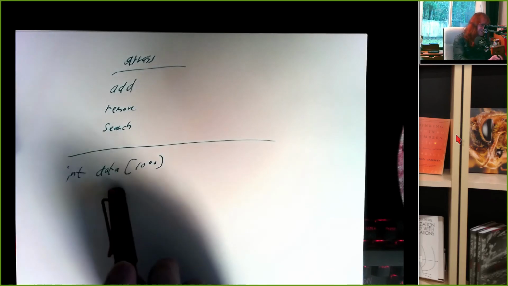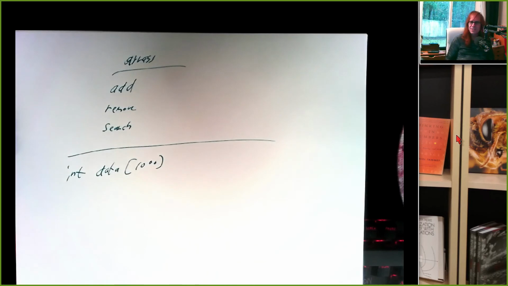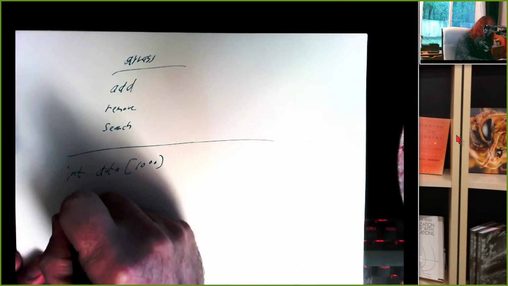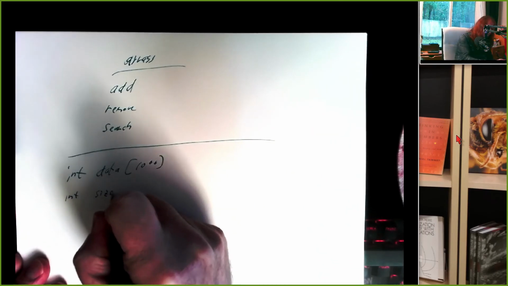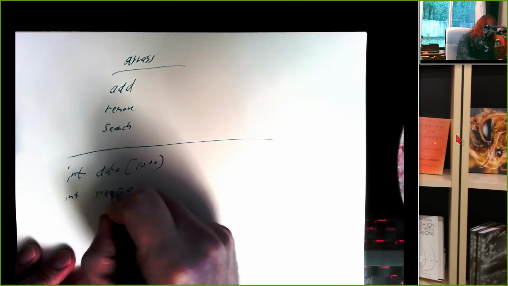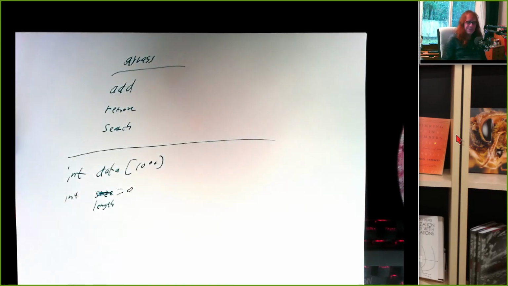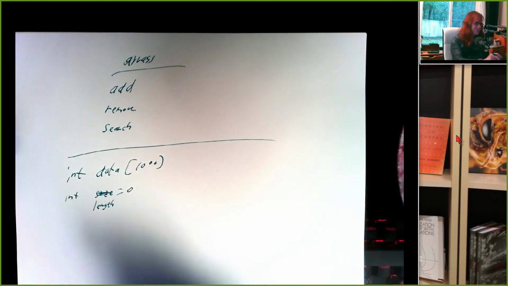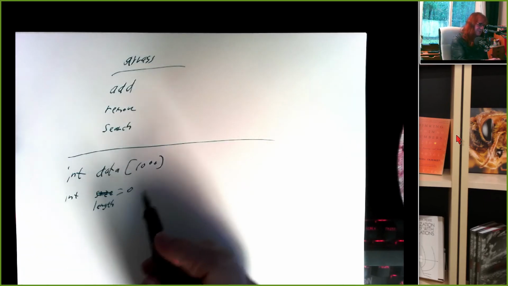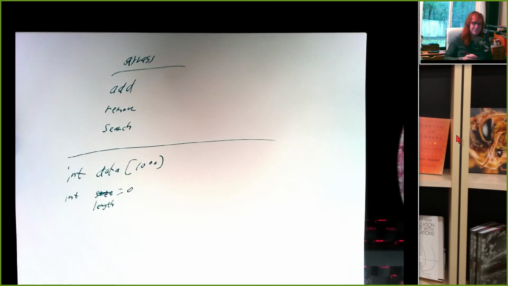I can declare this to be an array of 1,000 things, but I have no way of knowing how many things I've stored in this array. So I always need to keep track of that separately. Let me call this length. I could have a variable length that I initialize to 0, and when I store something in the array, I'll store it in the next available spot in the array, and I'll increment length.